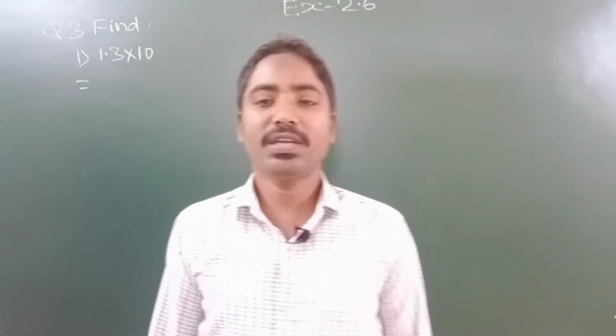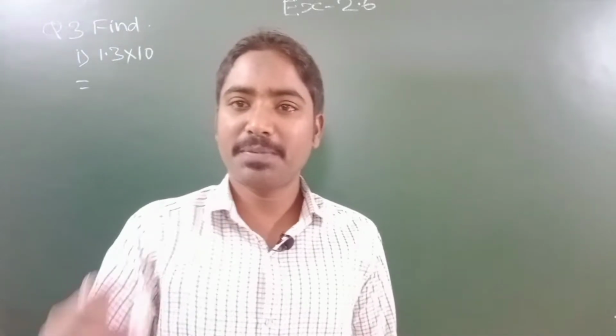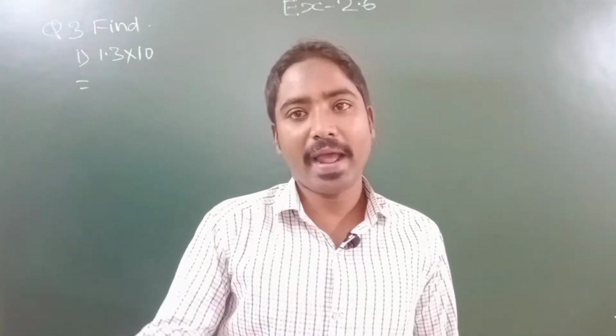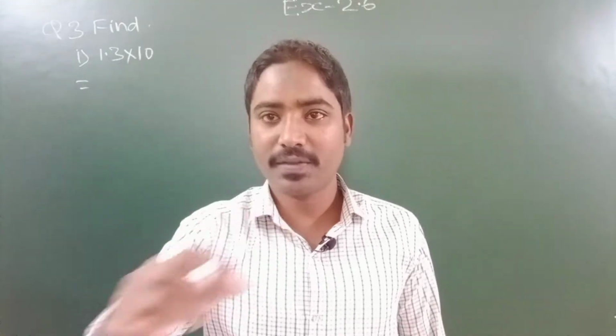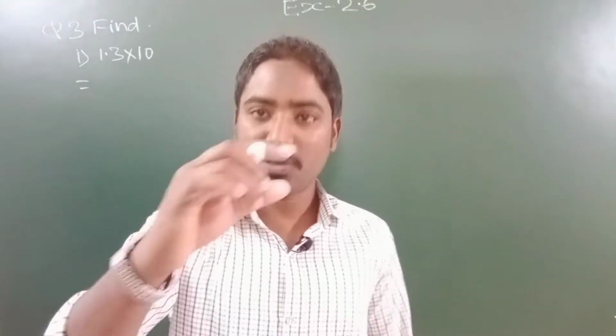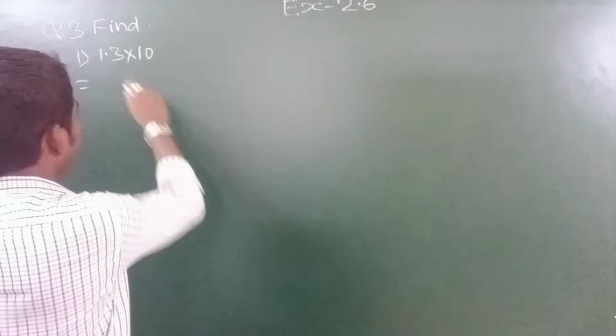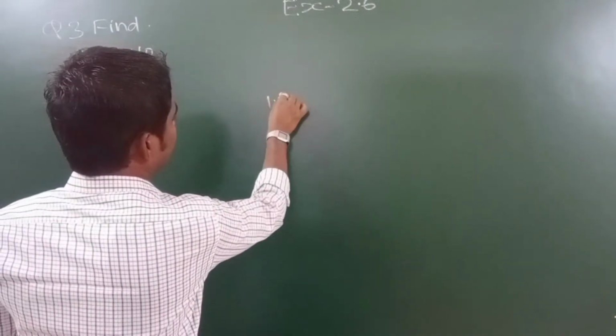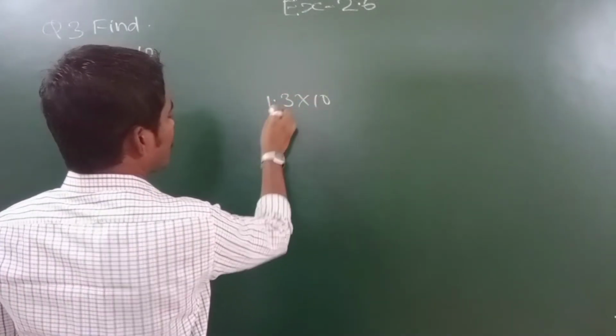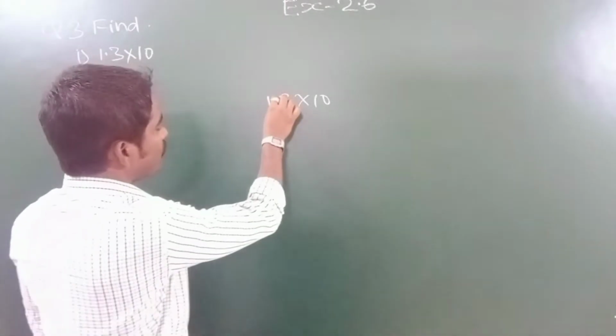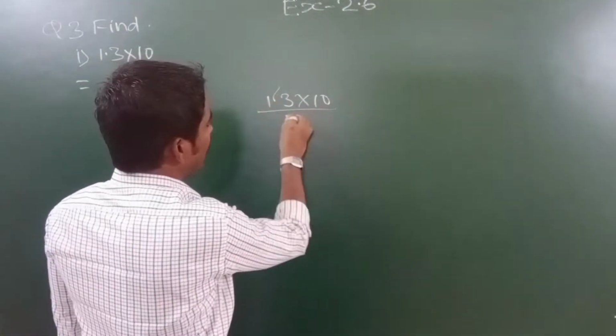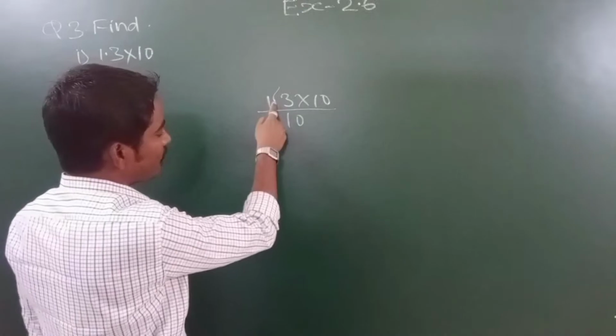Let me explain one question in detail and then I will solve the rest of the segments quickly. Now see here we are having 1.3 into 10. It is a rule, students: when you have to remove the decimal, you have to divide by 10. Why?